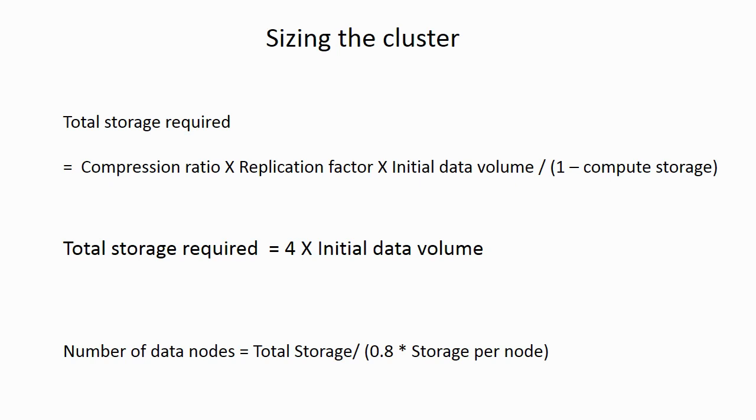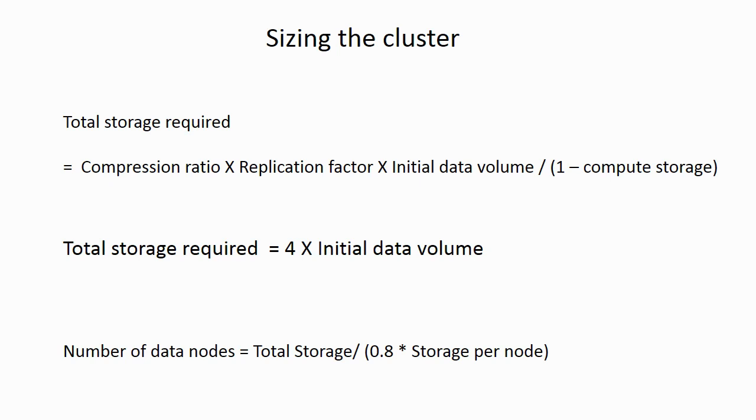Now you have to estimate the data nodes, so you simply divide this number by the storage amount per data node. But again, there is a catch. You don't use the entire capacity of the data node for the storage, because you will also have the HDFS files and other operating system files stored on each data node.